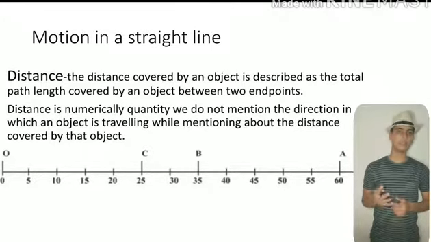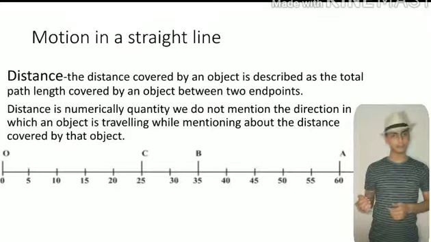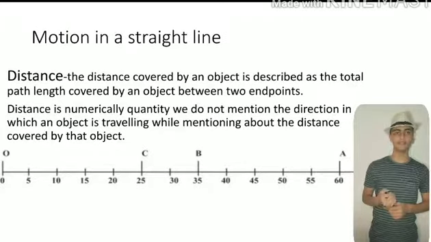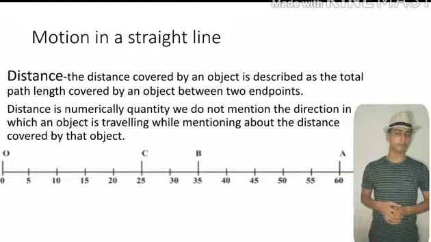There are four reference points, that is O, A, B and C. Here O is located at 0, A at 60, B at 35 and C at 25. The distance is in kilometers. If we have to go to C from O, we can choose various paths.